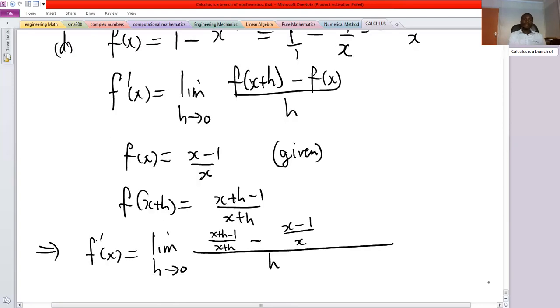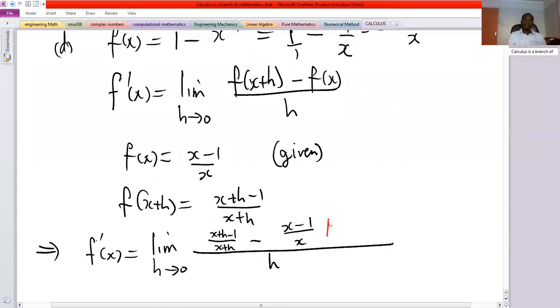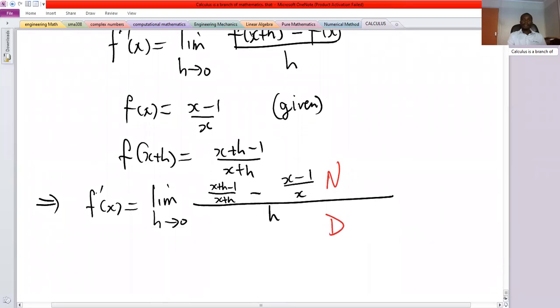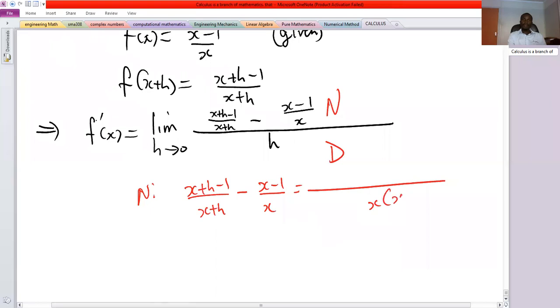So let's call this one numerator and this one denominator. So let's simplify the numerator: x plus h minus 1 over x plus h minus x minus 1 over x. Put all of them under one LCM.